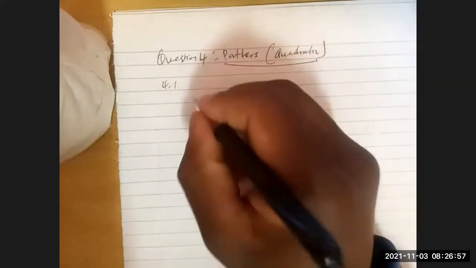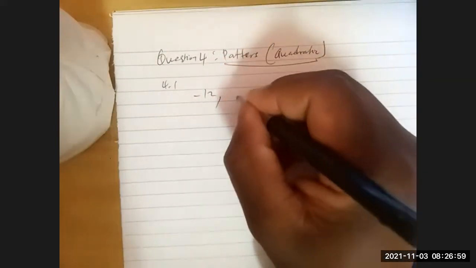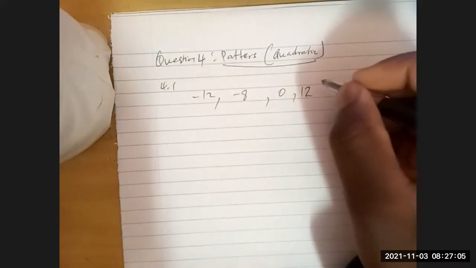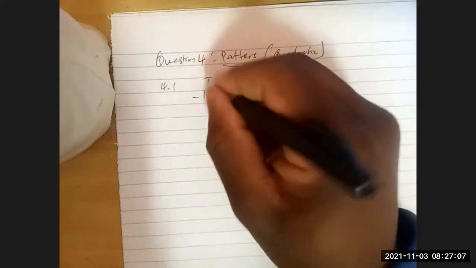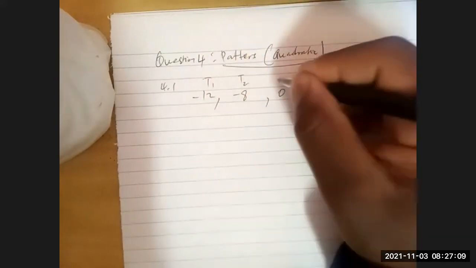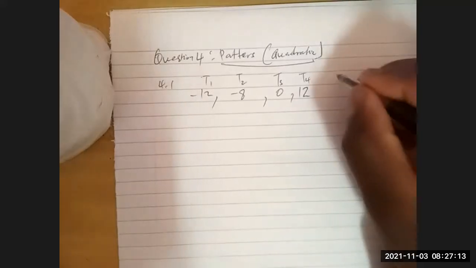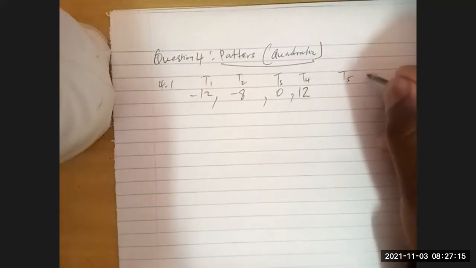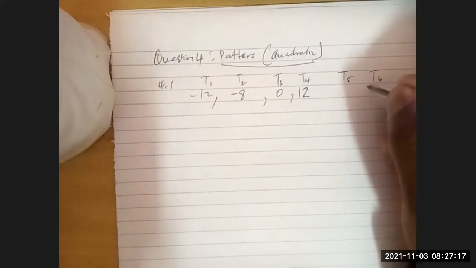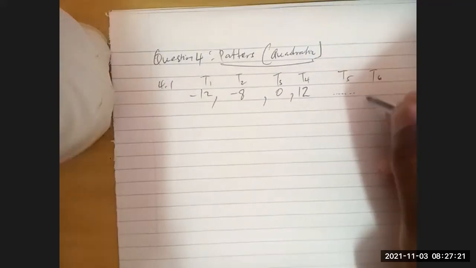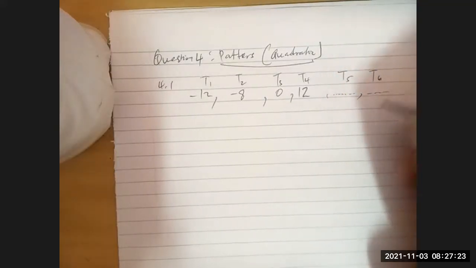They gave us negative 12, negative 8, 0, and 12, which are term number 1, term number 2, term number 3, and term number 4. So the next two terms are term number 5 and term number 6. These are the terms that they want us to find. For now, it's blank. We don't know what it is going to become.